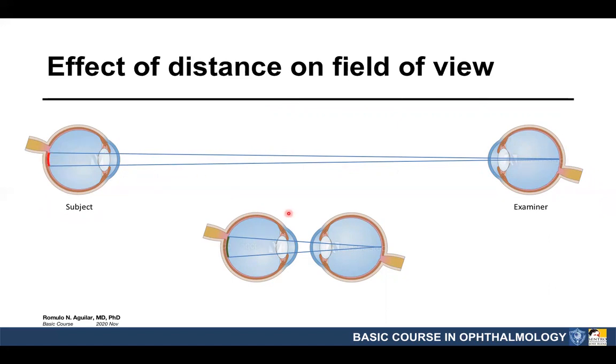When you go closer to each other, you will see that the field of view may be a little bit bigger. Actually, if you compare the chord lengths of the different fields of view, you will see that moving closer, you will be able to potentially see a larger part of the retina compared to when you are far away. So this is the effect of distance.